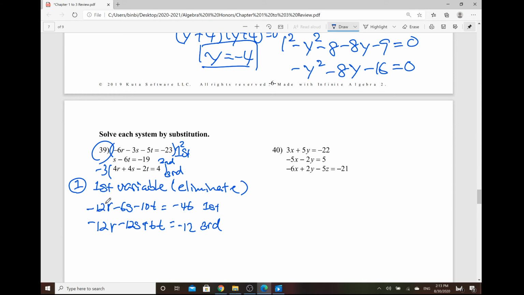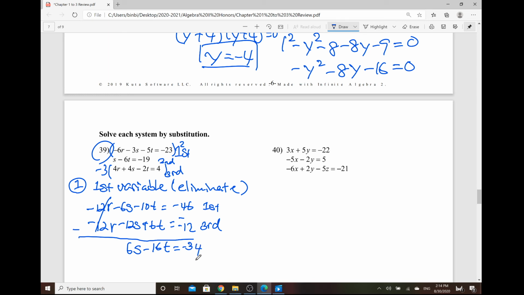Okay, so to look at that, same coefficient, so that means we can subtract. So this one got canceled, negative 6s minus negative 12s, so 6s. And then negative 10t minus 6t, negative 16t. And then negative 46 minus negative 12, so that means you're adding 12, so it's a subtraction. So it's negative 34.